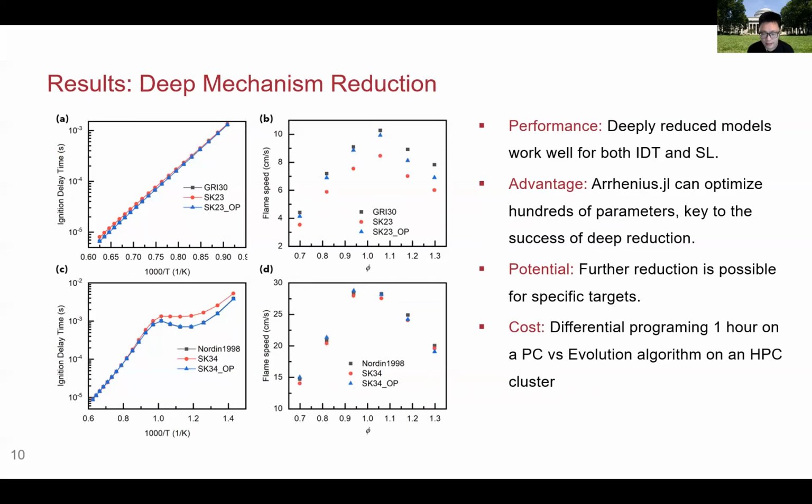And in terms of the computational cost, we do this optimization within about hours on a normal personal computer. For comparison, an evolutionary algorithm would have to run on a high performance cluster.